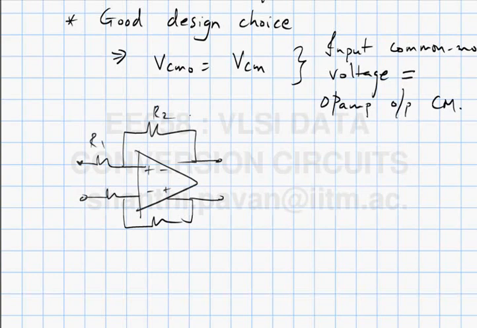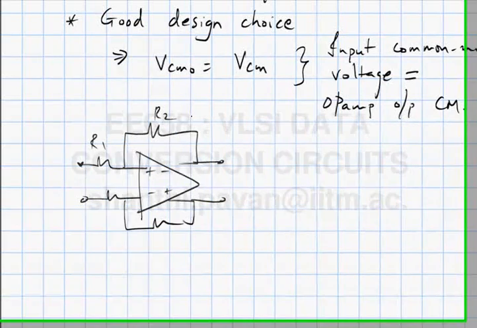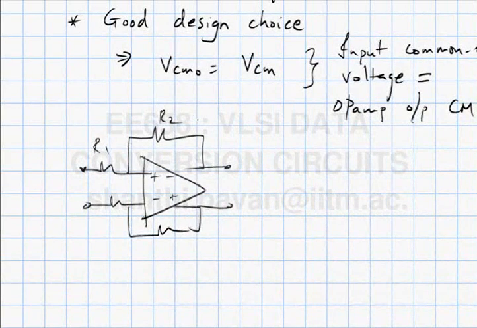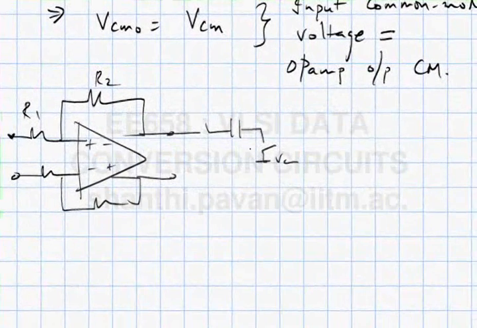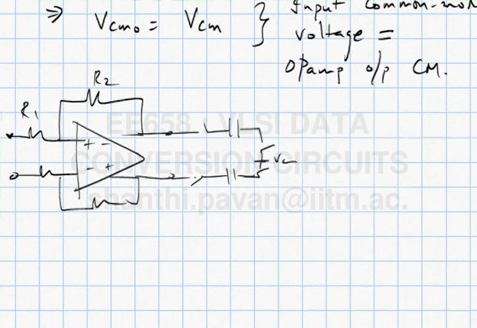The differential gain is minus R2 by R1. This is just a fully differential analog of the minus R2 by R1 circuit that you know. The question is, why don't you do this and put your flip around sample and hold, for example, here, at VCM? Any comments on why?